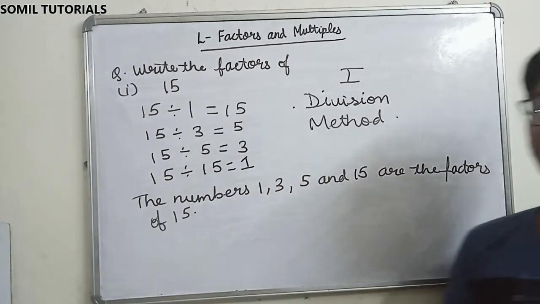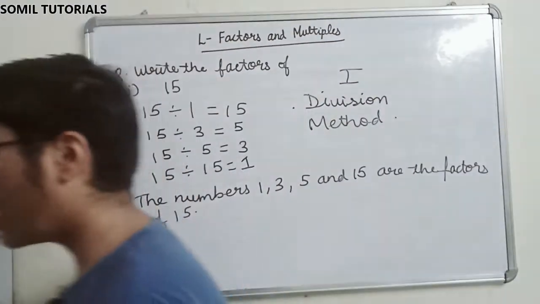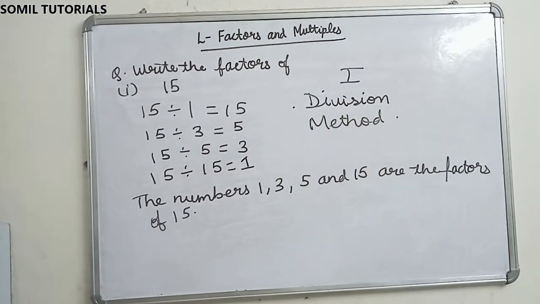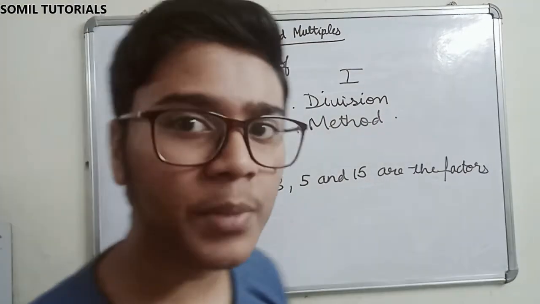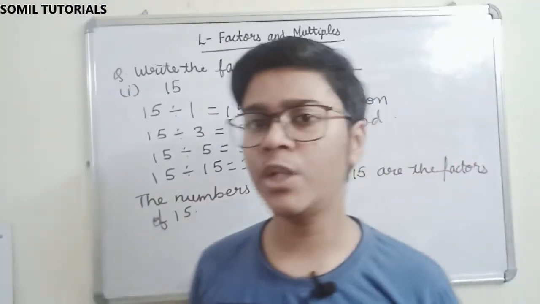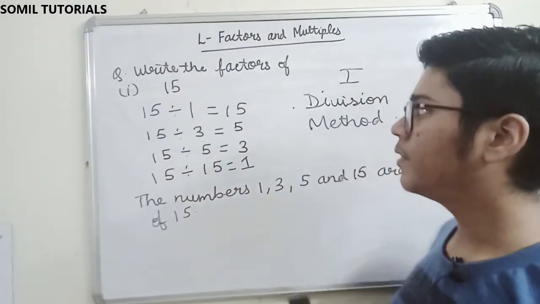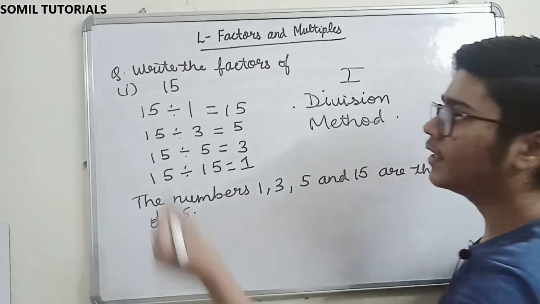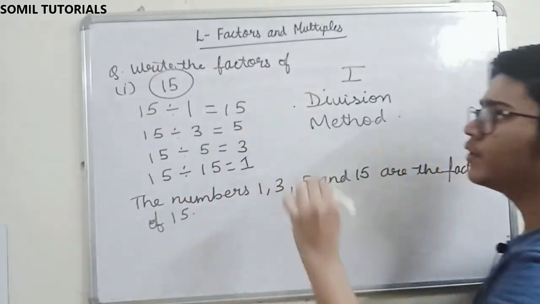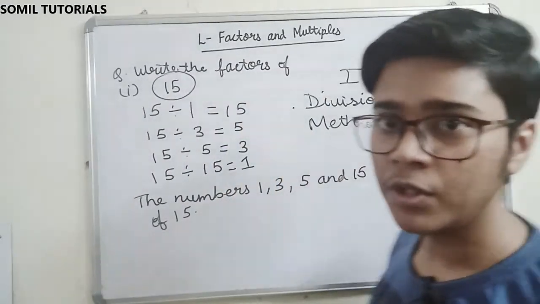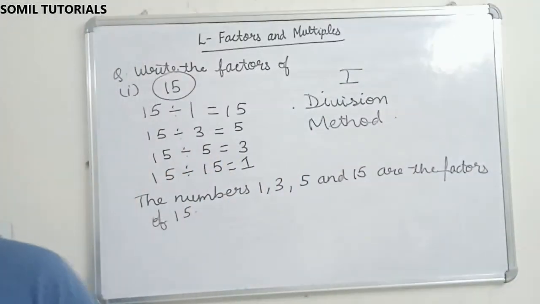Now many students have some confusion, like we are starting with the tables but we don't know where we need to end. So you just need to remember that we had been given the number 15, so we need to move till the table of 15 only.